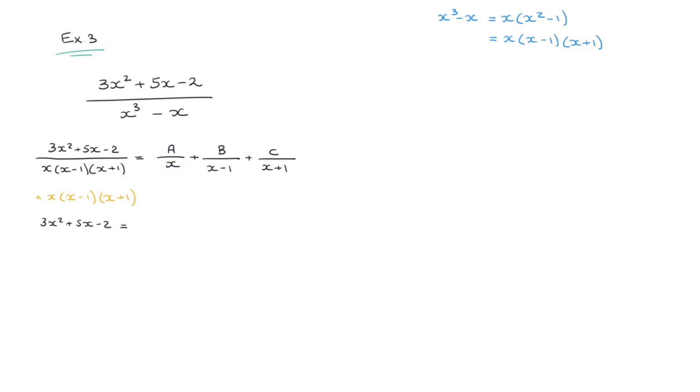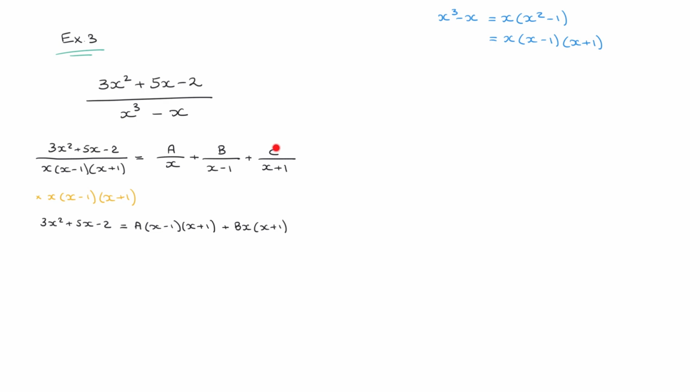A over x times x minus 1 times x plus 1, which becomes a times x minus 1 times x plus 1, plus b over x minus 1 times x minus 1 times x plus 1, in which case the x minus 1's will cancel each other out, and we're left with b times x plus 1.